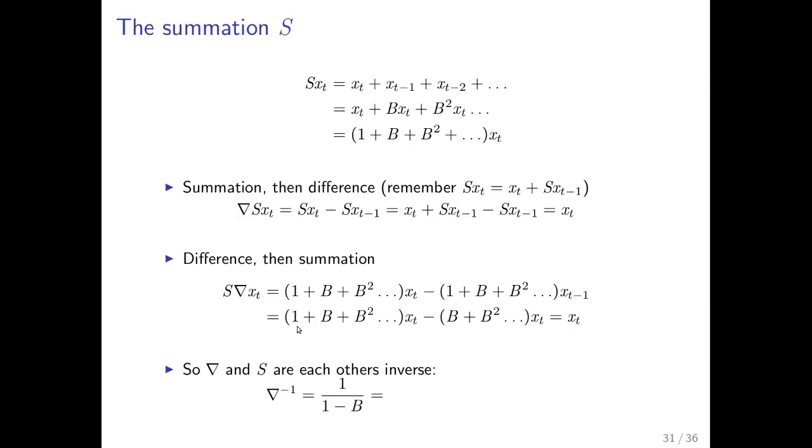And what we notice is that all the elements from here on and forward are identical and subtracted over here, so we're just left with xt. So indeed, the summation and difference operators are each other's inverse. And we can write it like this: 1 over 1 minus B, or the infinite sum of powers of B, equals the summation.